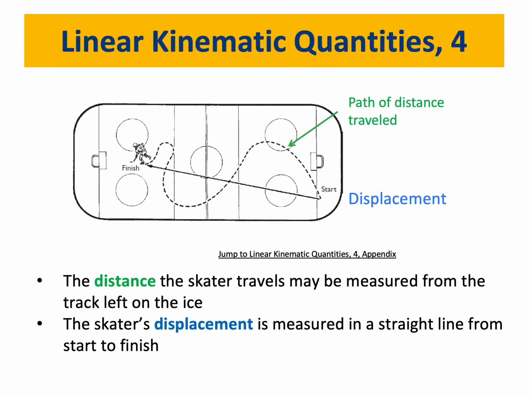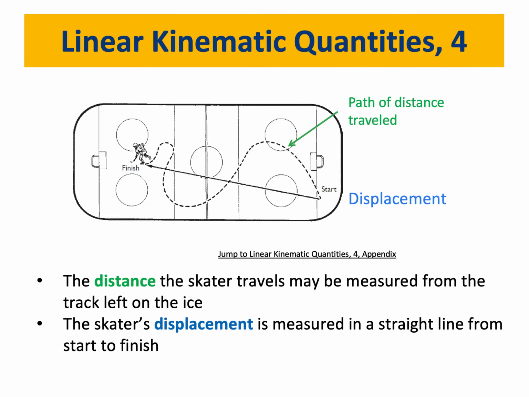The definition of distance: if you look at this example of a skater moving on the ice, the distance the skater travels may be measured from the track left on the ice from the starting point to the ending point, which is the dashed green arrow that shows the path of distance traveled. This is distance.